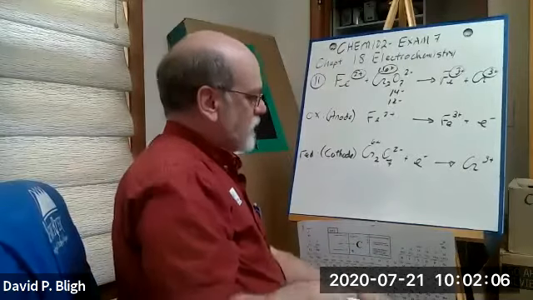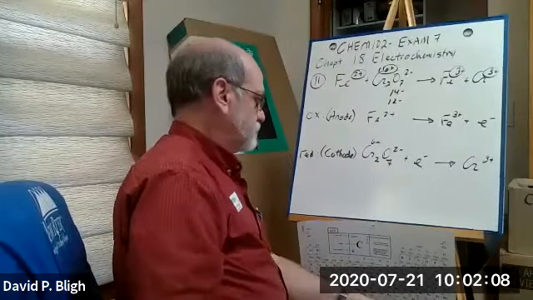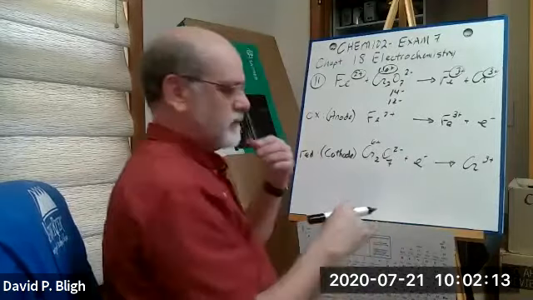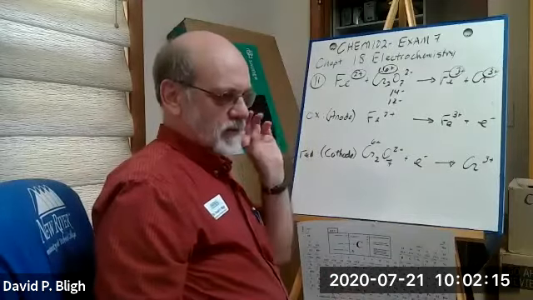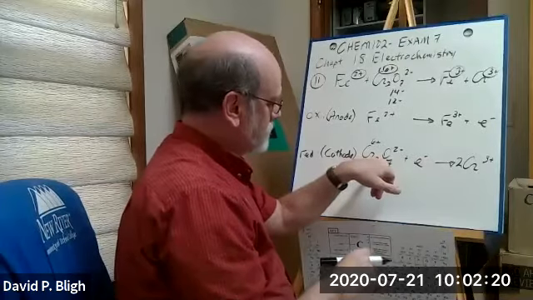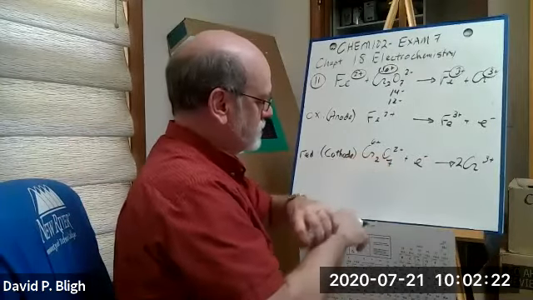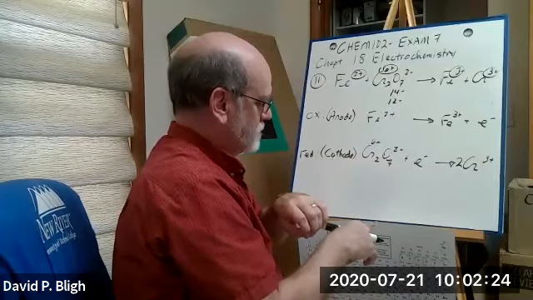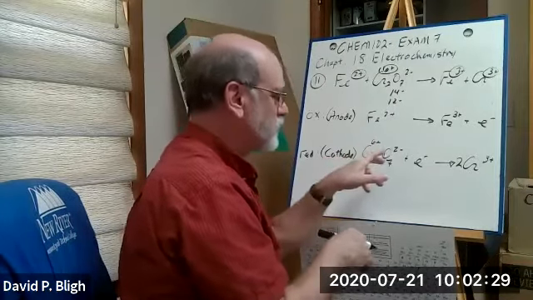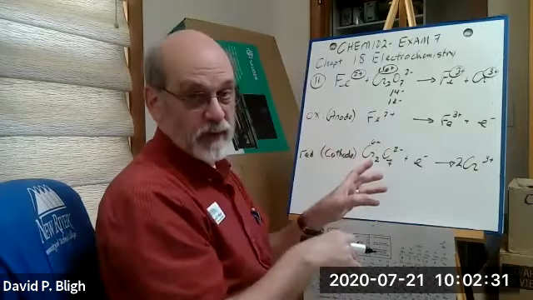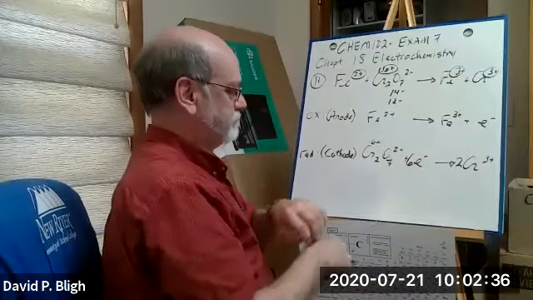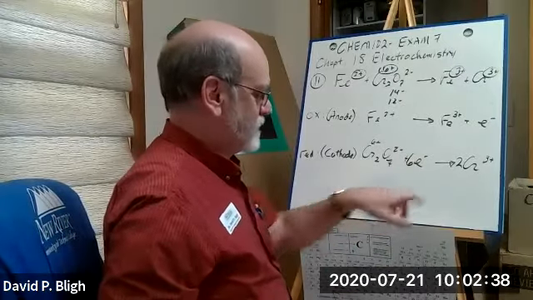Okay, so we don't have to do this, but it just bugs me if they're not balanced. So we're going from 6 plus to 3 plus, which would be 3 electrons per chromium, which means 6 electrons, right?